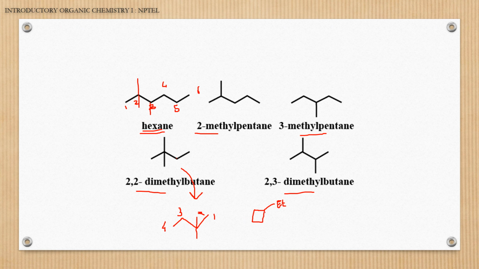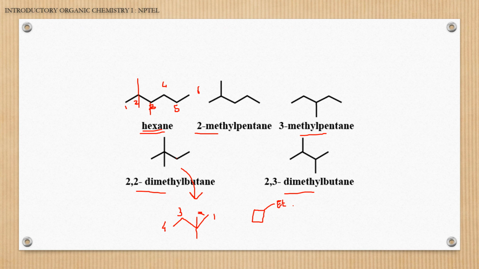Is it correct, right? He's asking that if you write it as a substituted butane, which is ethyl substitution, is it the isomer of hexane or not? No, it can't be.